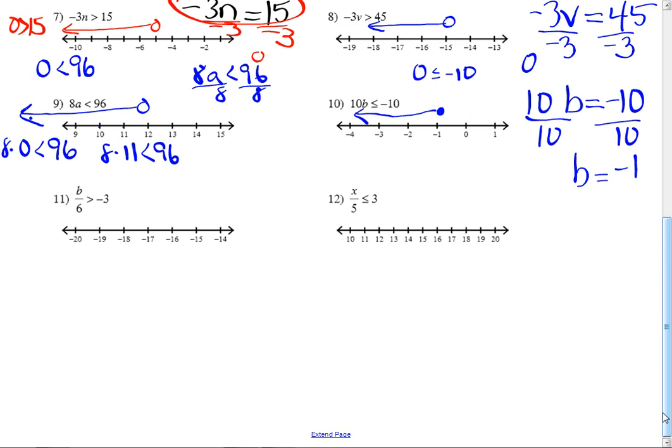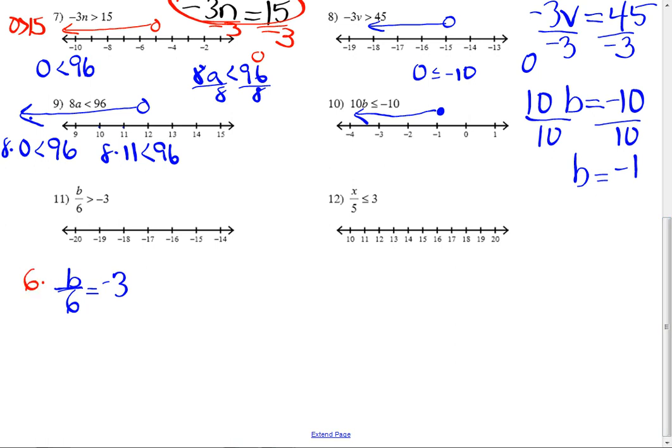Now the fraction ones, of course, will give you some trouble. But not really. This is B, some number divided by 6 equals negative 3. What's the opposite of dividing by 6? Opposite of dividing is multiplying.